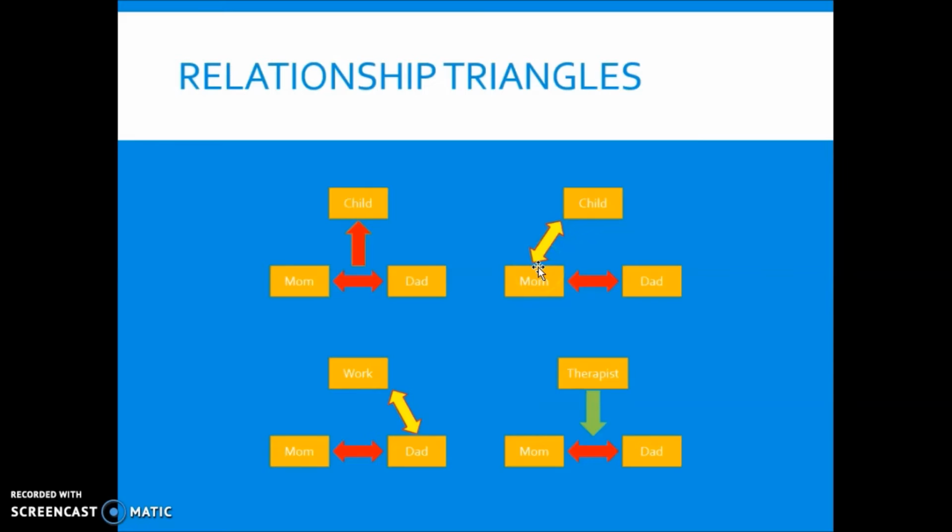So they bring the child in as a confidant or a support to try to deal with the discomfort of having this tension in the relationship with their spouse. And this could be on the other side as well. I'm not saying that moms do this more than dads. Either parent could be doing this.